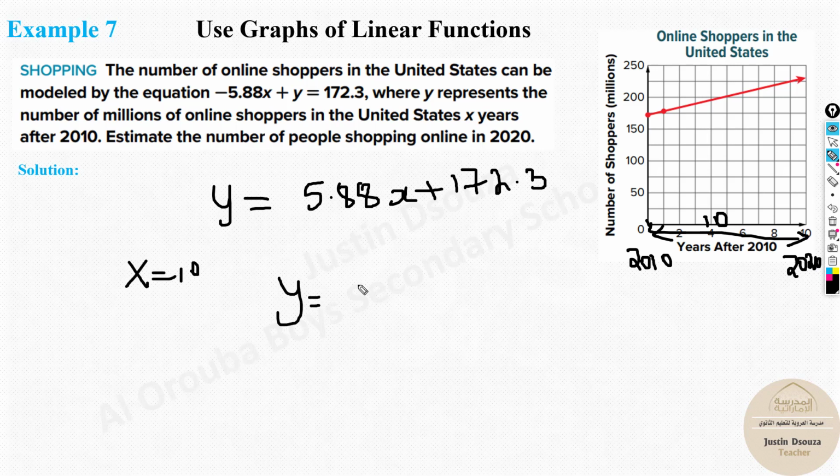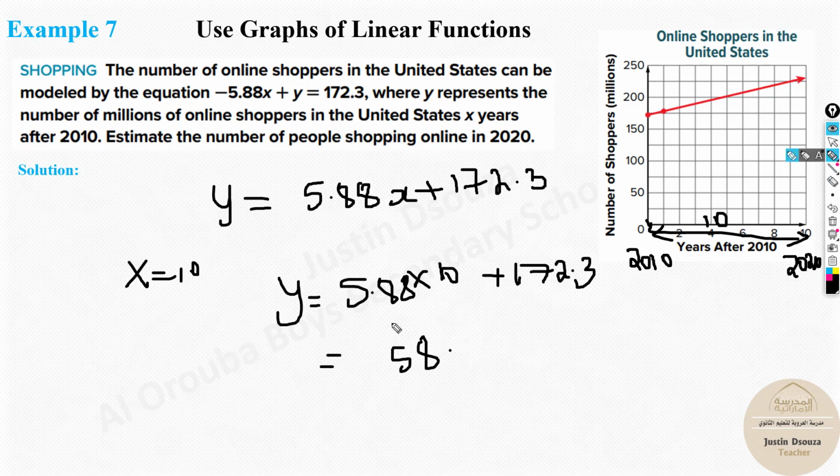So y equals 5.88, x value is 10, plus 172.3, and you need to just solve this. It'll be 58.8. Here it is 58.8 plus 172.3. It'll be almost 230.1, I believe.